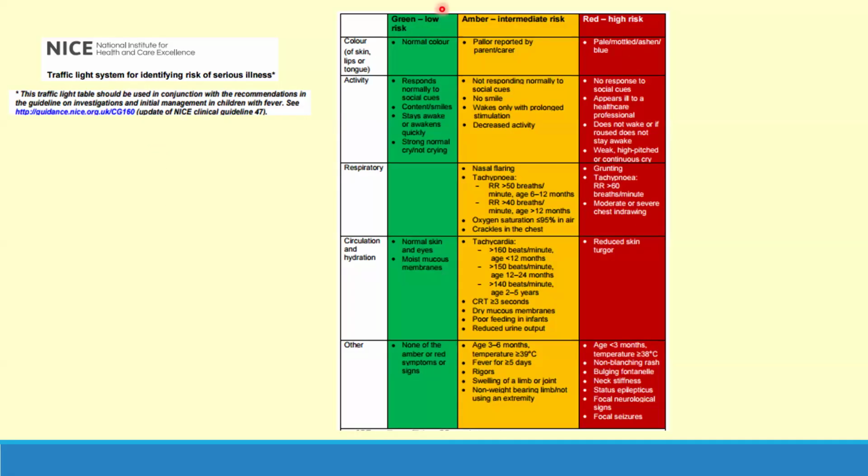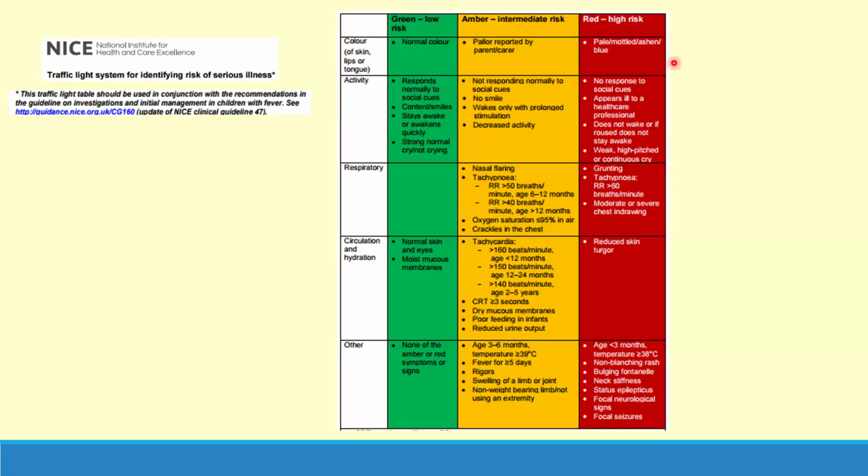Again, it's a framework in your mind of what you need to be worried about. Obviously the normal stuff is normal. This is for looking for serious illnesses, and there is a traffic light system like this in our guidelines, which you're very welcome to have a look at. They appear on Google, for fever and what is abnormal in assessing a febrile child.